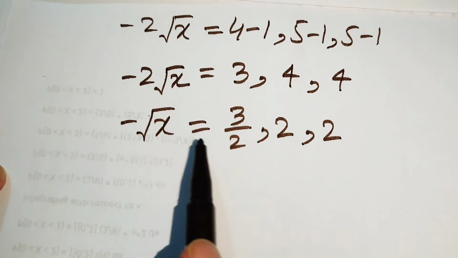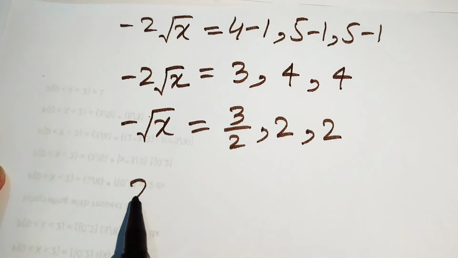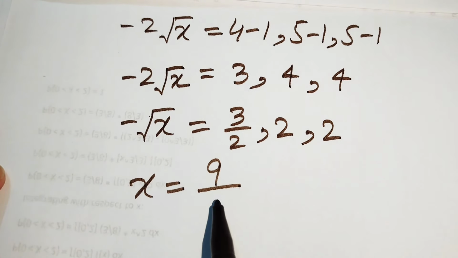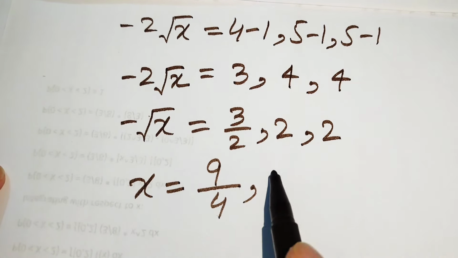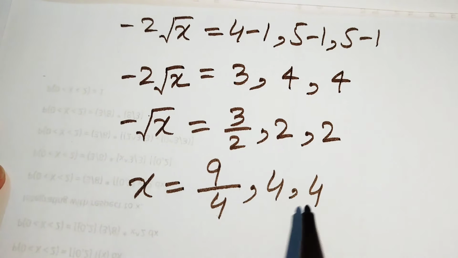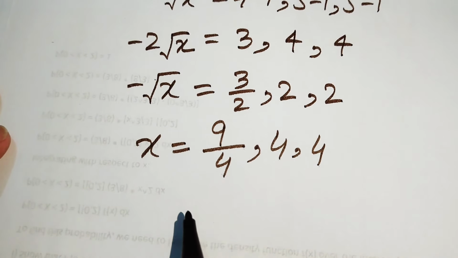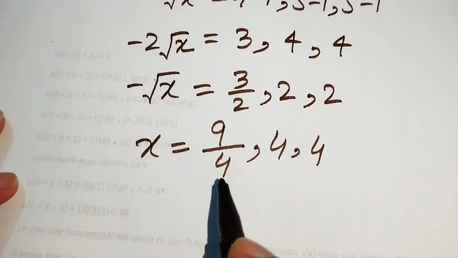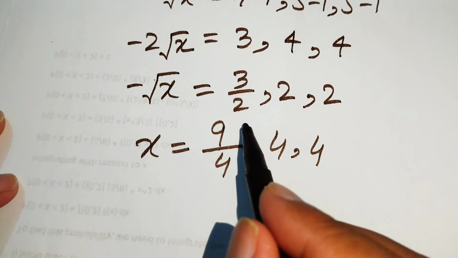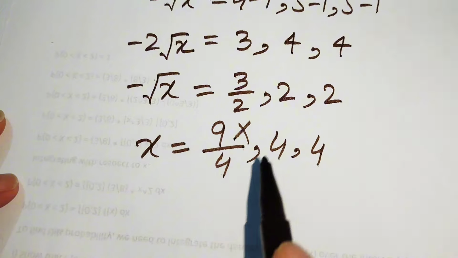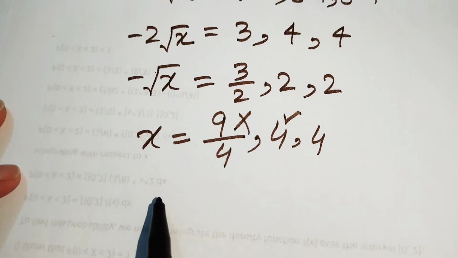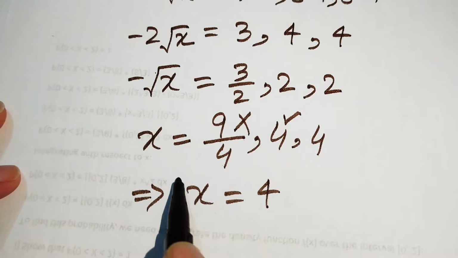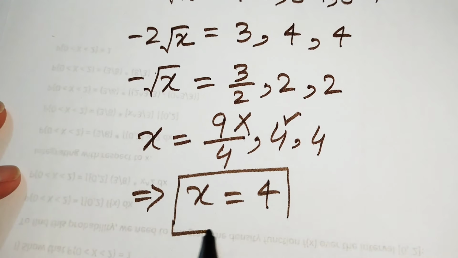When you square both sides, on the left hand side you get only x, equals the square of 3 is 9, square of 2 is 4, so 9 over 4, 4 and 4. You see that at the start of the problem we wanted the integer solution. So 9 over 4 is not an integer value, so we reject this case and choose the other value. So this implies that we have only one value of x, and it is 4.